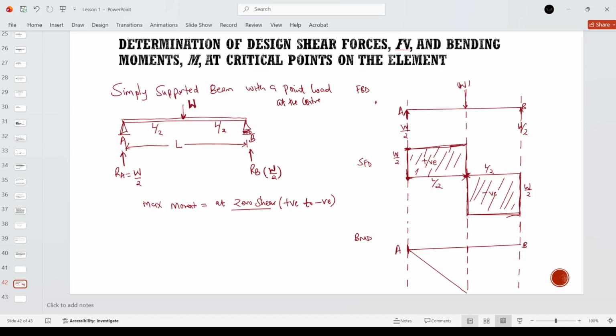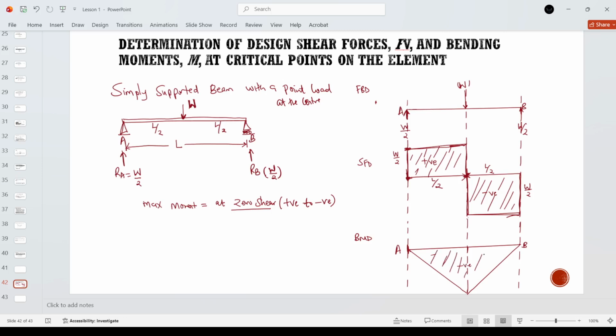We said in the design analysis that where we have a point load, it's going to vary linearly. So it will be in this way, and it's going to be negative.